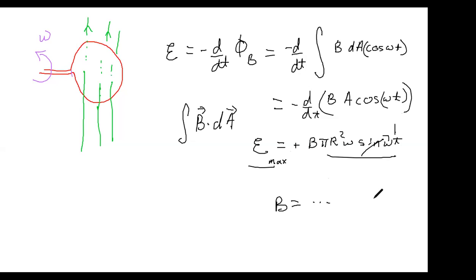All right? Raise your hand if that made sense. Okay. So that's how a generator works. You spin something in the presence of a magnetic field, and it generates a time-dependent EMF. Okay. So those are the examples I wanted to go through for that assignment.